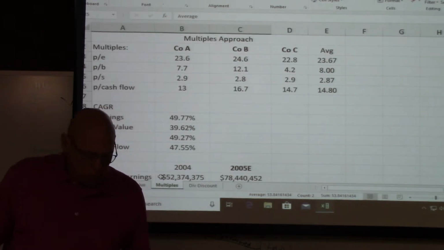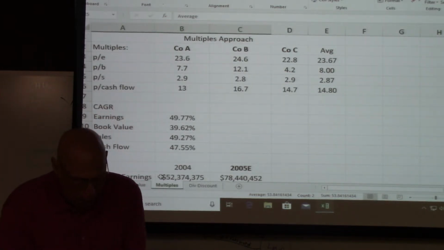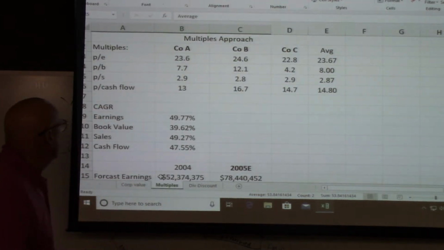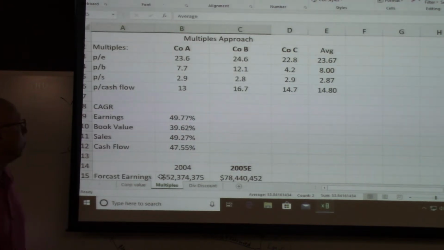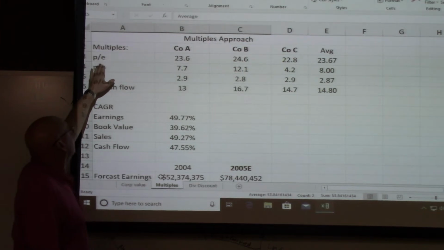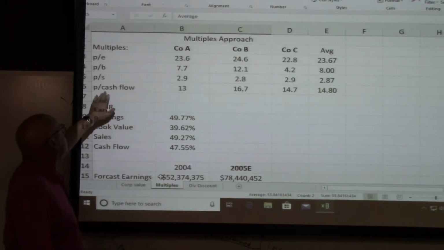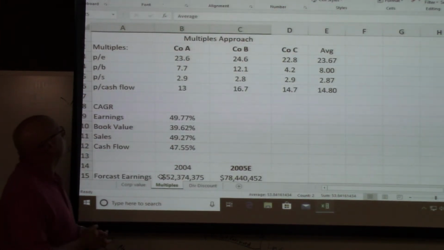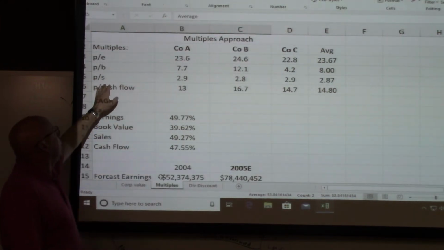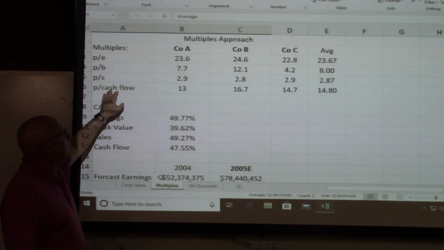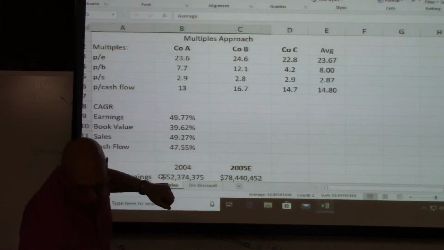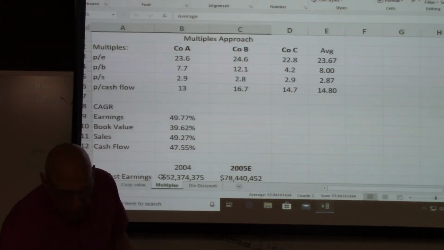All right, with that in mind, let's go ahead and work through the multiples approach. So what we do is we list the multiples: PE, price to book, price to sales, price to cash flow. And this is right out of the information that's provided on page, let's see what page.